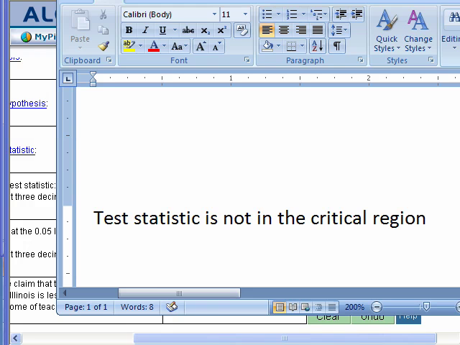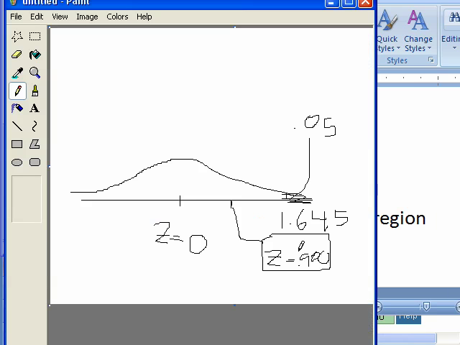You said, what do you mean the critical region? That's this region here. It's not in this area right in here. So since it's not in this critical region, boy, I wish I could draw this prettier. Anything that falls in here, I'm going to reject H naught. I'm going to say, you know what, I don't think the means are equal. So if I fall in this area, I'm going to reject H naught. Isn't my handwriting beautiful? Woohoo!